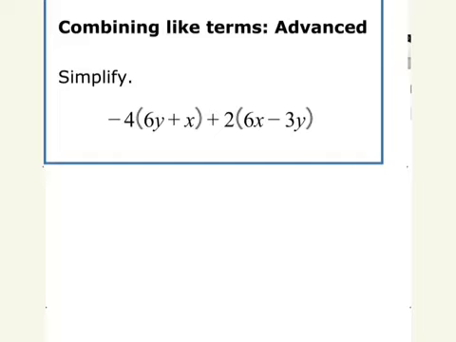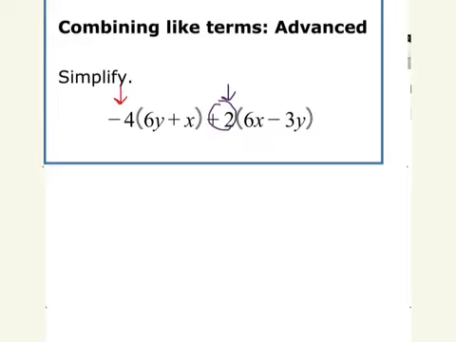An important thing to realize before you get into this problem is to take a look at the numbers next to the parentheses, which means these two numbers are going to be multiplying what is inside of the parentheses, and make certain that you realize the 4 is a negative 4 on the left hand side, and this 2 is a positive 2 right here on the right hand side.